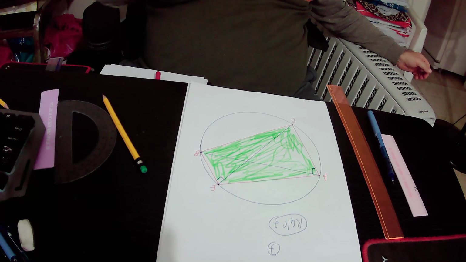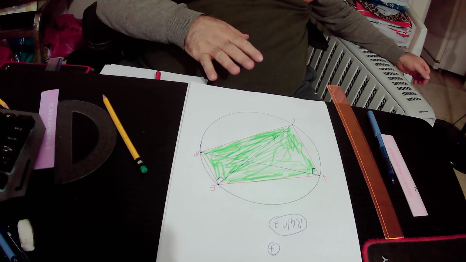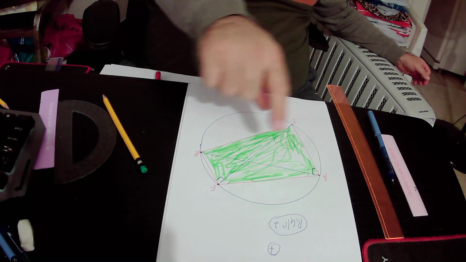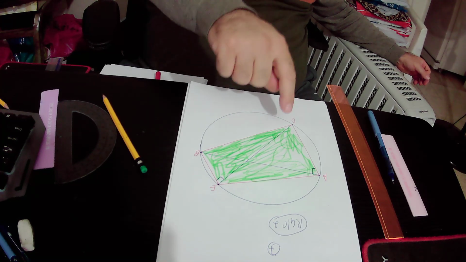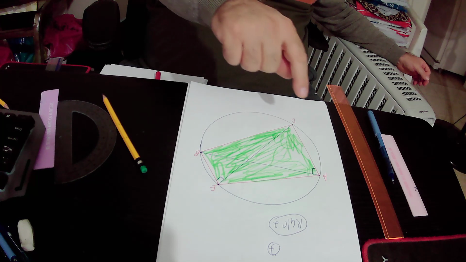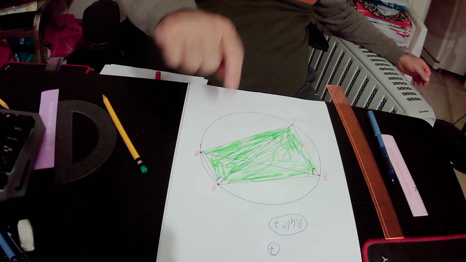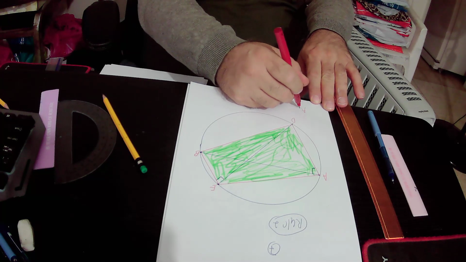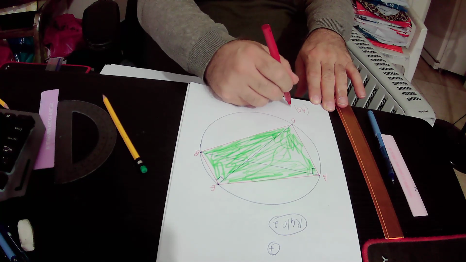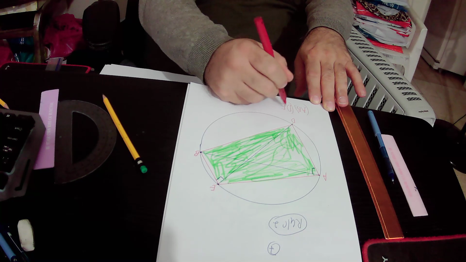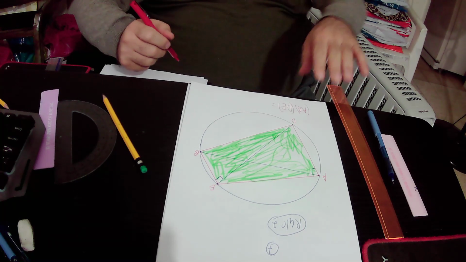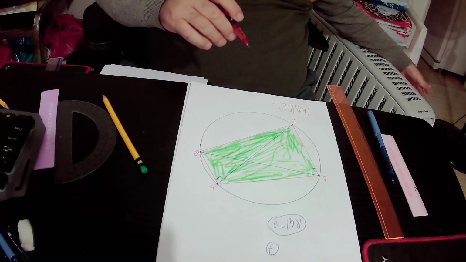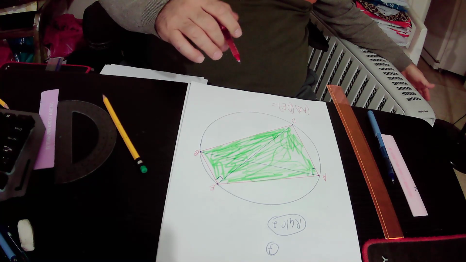And according to rule number 3, if we have a quadrilateral that is inscribed by a circle, then the product of its diagonals, that is AB times DE, equals the sum of the products of its opposite sides.